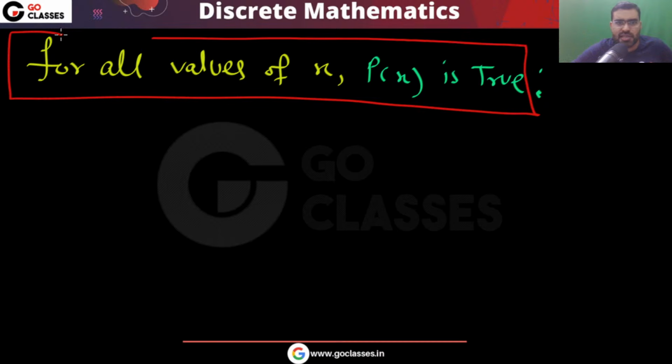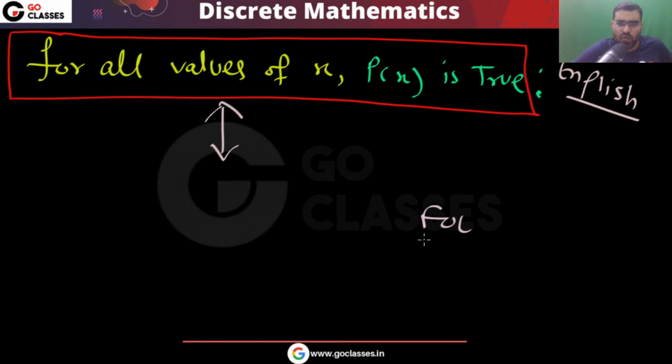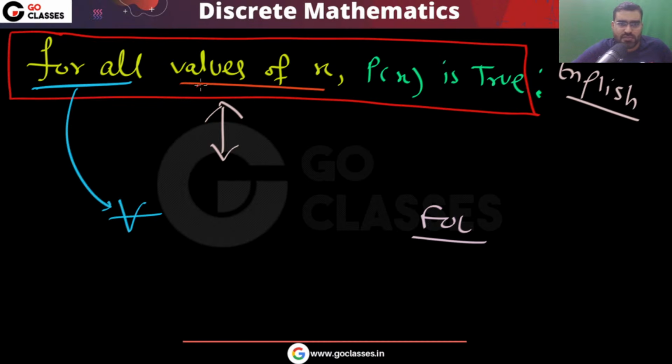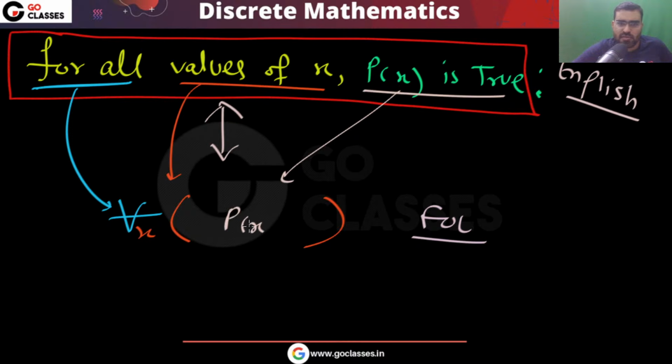If you want to write this statement in first order logic, then you will write using this symbol. For all means this symbol, for all values of x. Then p of x is true, you will write as p(x). So this is how you write. Okay, very simple point.